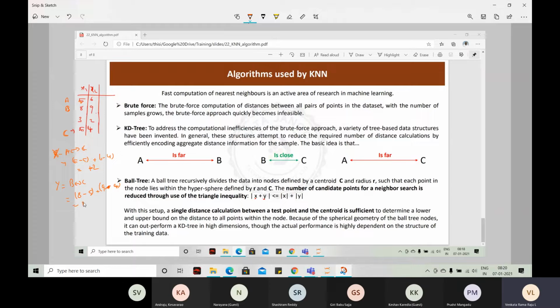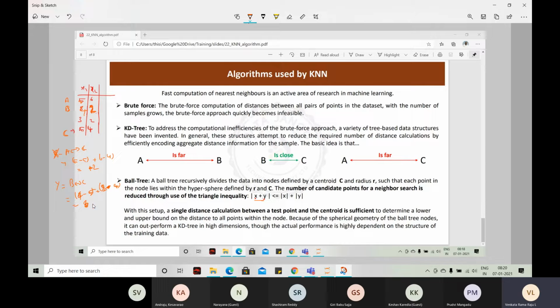So 3 and 5, 8. If I get negative value, then maybe I'll put 2 here and 4 here. So 4 minus 5 and 2 minus 4.